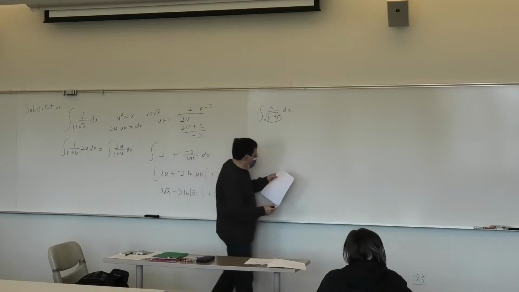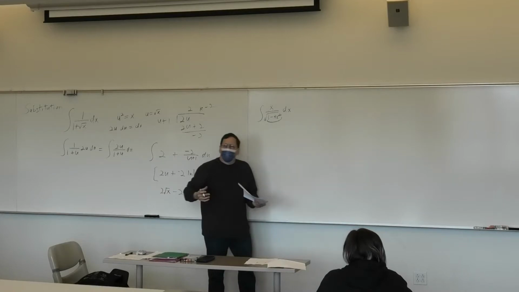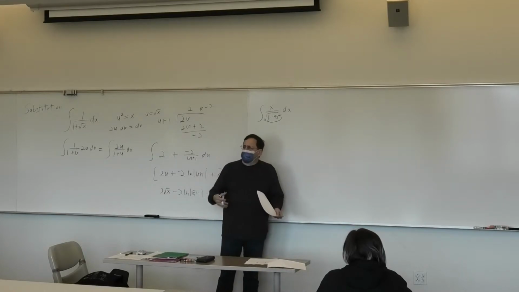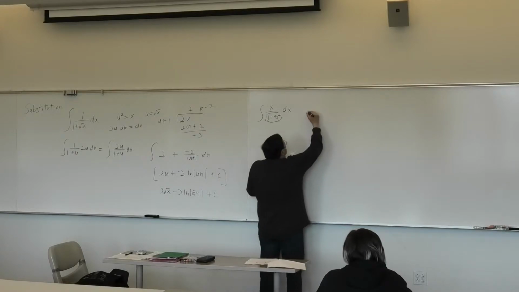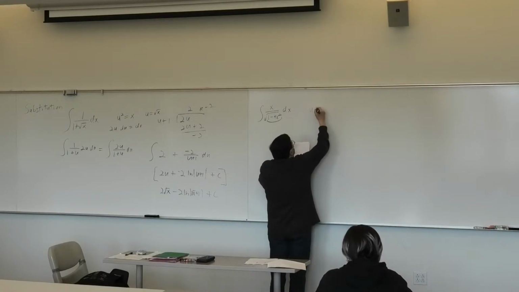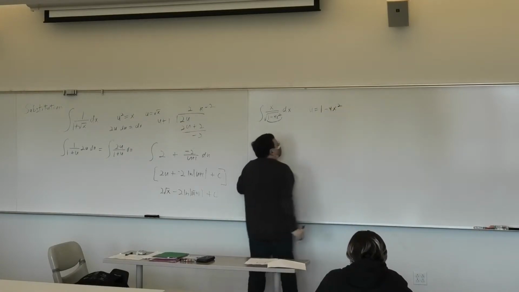But in any event, after a little while doing these, you get a little intuition as to what might work, what might not. So here we're gonna try u equal to 1 minus 4x squared.